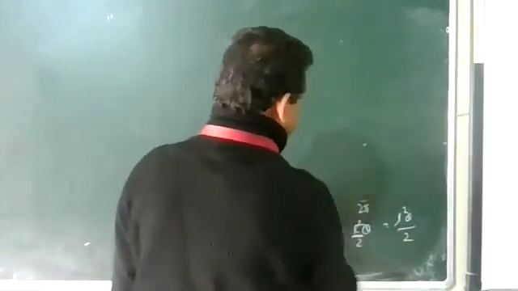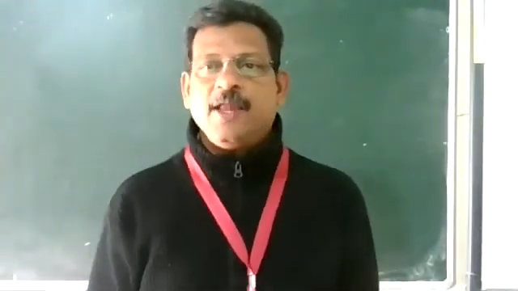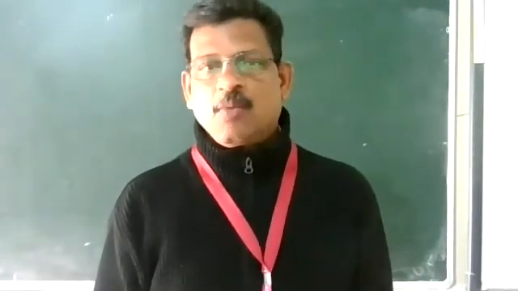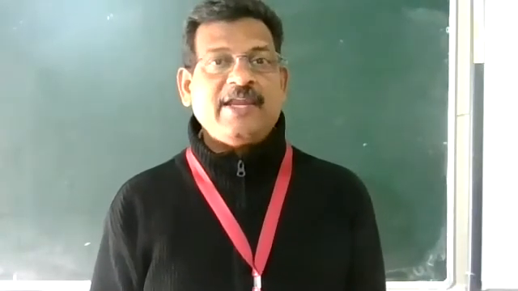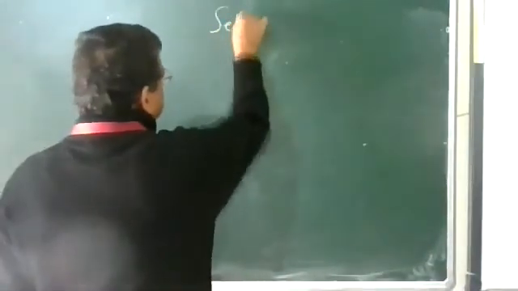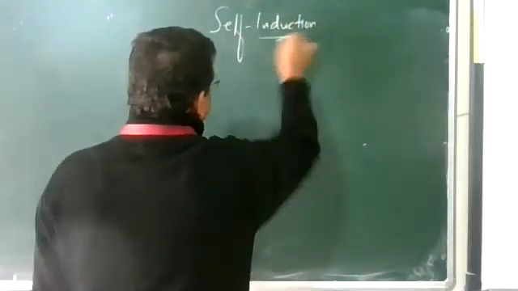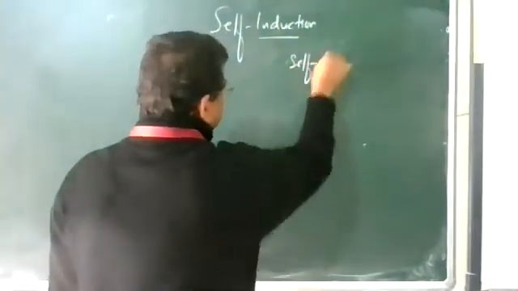The two cases we are seeing, and the last case where the flux changes, we will see toward the end of the chapter, that is AC generator. The next point I am going to discuss is the meaning of self-induction. Very important point, self-induction and self-inductance.